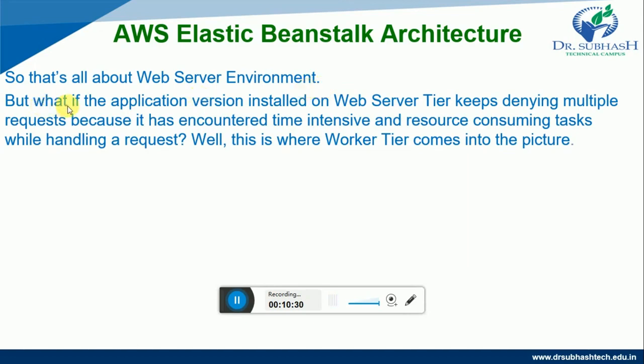But what if the application version installed on the web server tier keeps denying multiple requests because it has encountered time intensive and resource consuming tasks while handling a request? Well, this is where the worker tier comes into the picture.